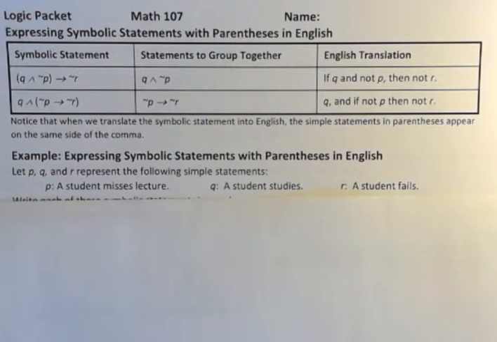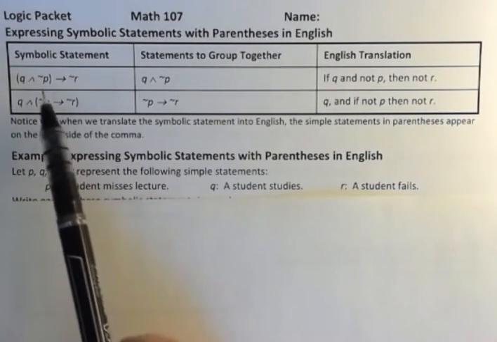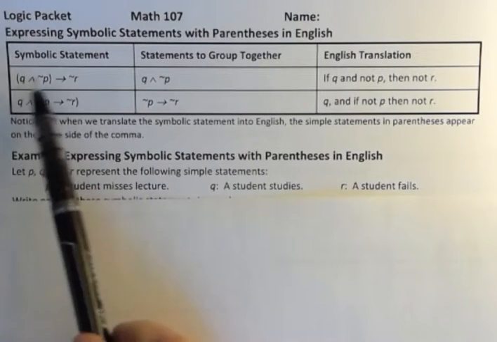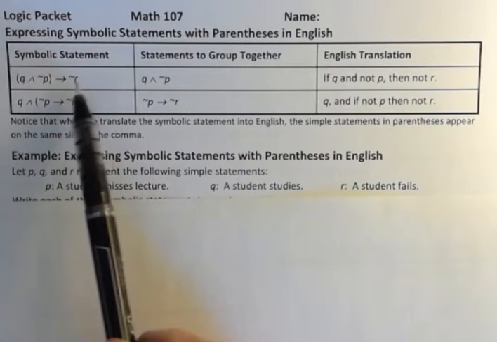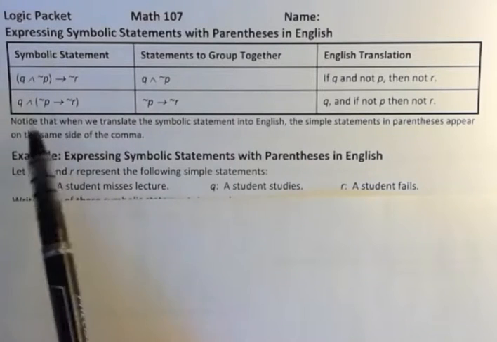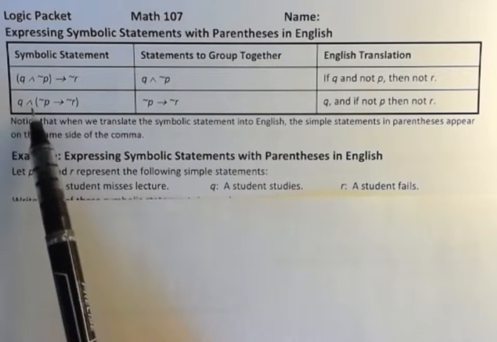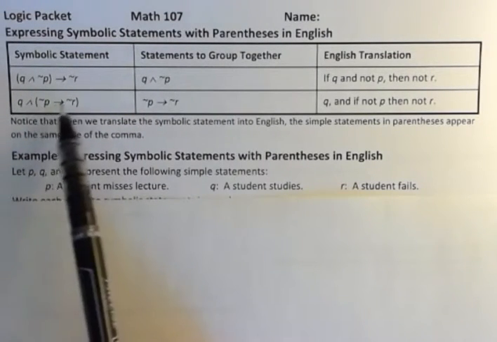This is the third part of the logic series, and we're just talking about how in certain instances you want to group together with parentheses parts of your symbolic statement. So here we want to say, if these two things happen, then this thing will happen. But on the other hand, we could say, if this happens and this leads to that, right?